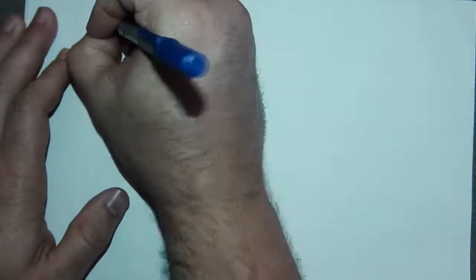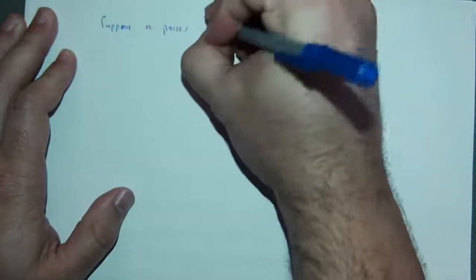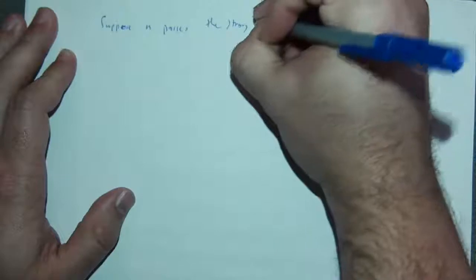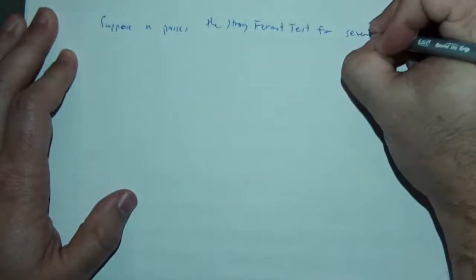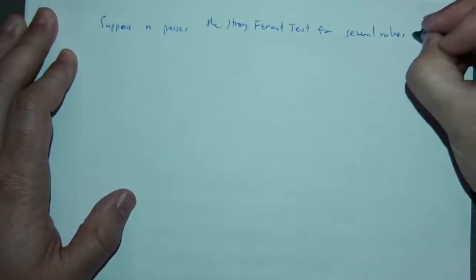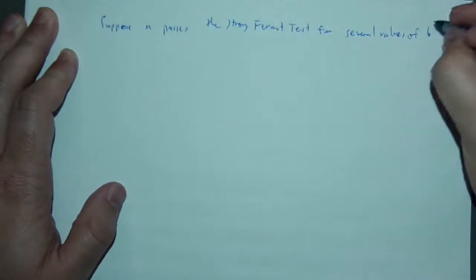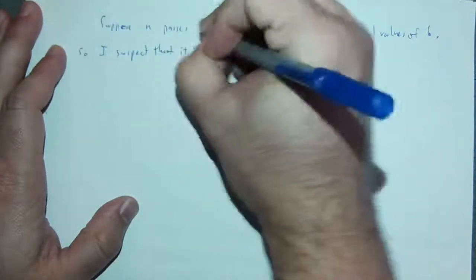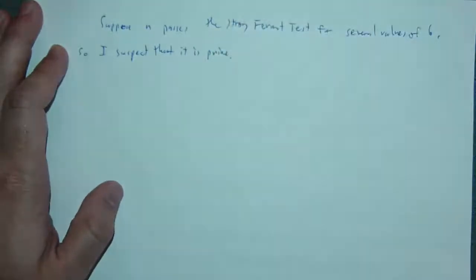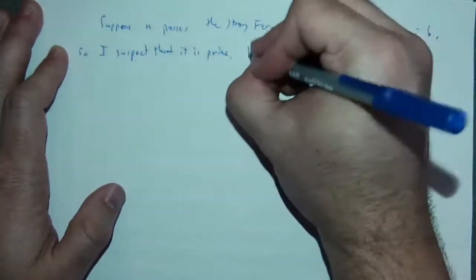So suppose n passes the strong Fermat test for several values of b, so I suspect that it is prime. How do I actually prove that it's prime?